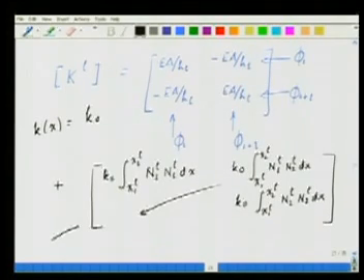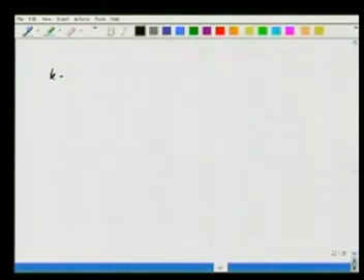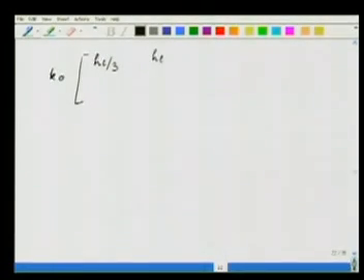So this additional part, if you work it out, will be equal to k0. I have taken k to be constant, but it need not be. So the additional part becomes k0 into HL by 3, HL by 6, HL by 6, and HL by 3.